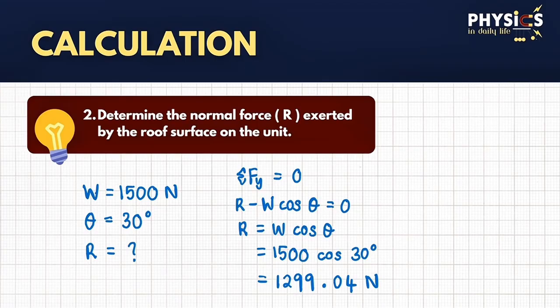This proves that the roof structure directly beneath the unit must be structurally reinforced to bear a localized perpendicular crushing force of 1299.04 newtons. With both calculations complete, let us now move forward to look at what these numbers mean for our final safety conclusions.